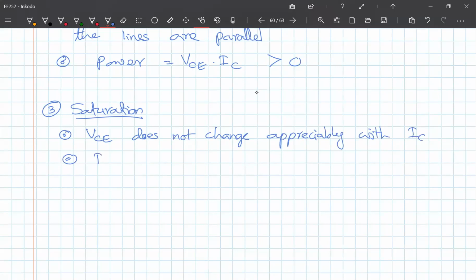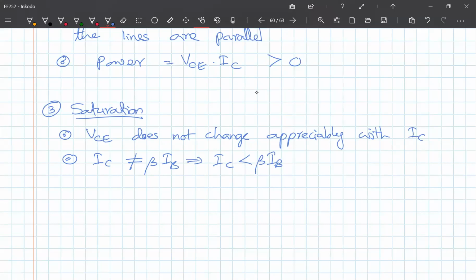And IC is not equal to beta times IB. In fact, IC is less than beta IB. Beta is a constant for the transistor. So it's less than that.